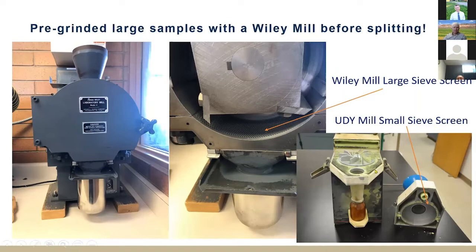The UD mill shown here in the lower right has a very, very fine sieve screen on it. The technology of the NIR is all based on a very fine flour or powder-like consistency of the grind on the sample. So large samples can go through a two-step grinding process to help reduce large sample sizes.